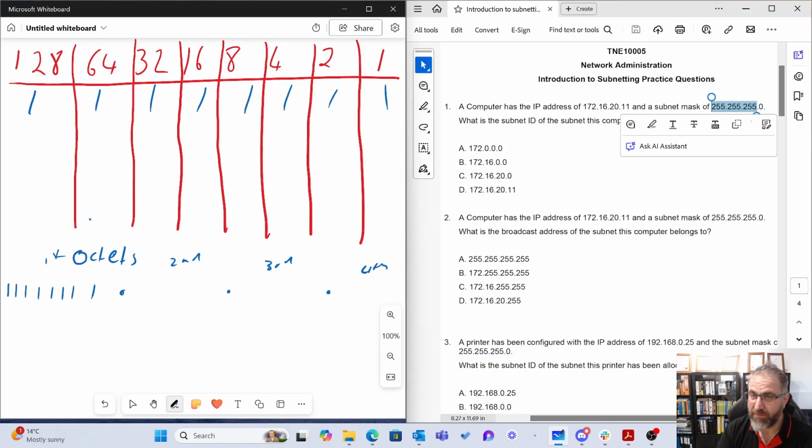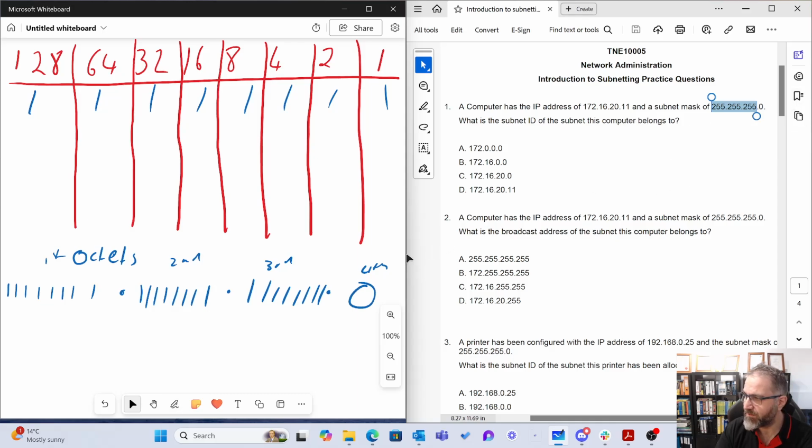That one equals 255. Do it again, 2, 3, 4, 5, 6, 7, 8. And again. And that's a 0 at the end because that's the last octet. So that means my IP address here is 172.16.20.11. So what does that mean?